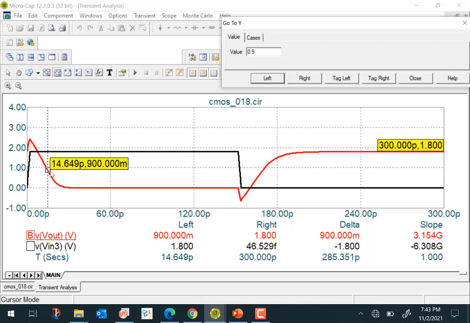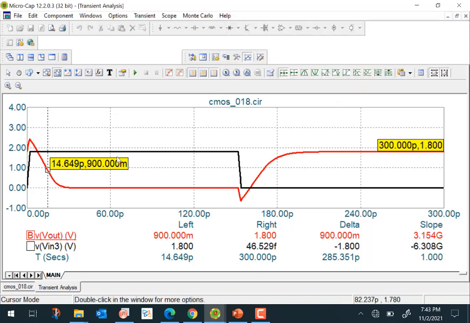The input on the left hand side goes to 0.9 almost abruptly, so it's at t equal to 0. So this is approximately the delay, 14.65 picosecond. Note that the time scale is in picosecond. So the high to low delay is 14.65 picosecond.